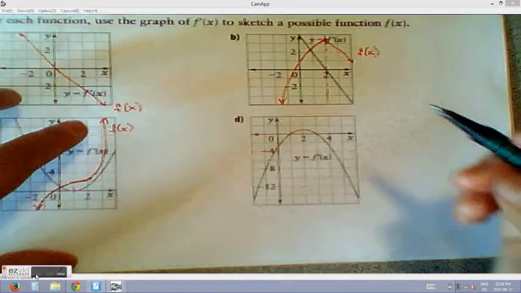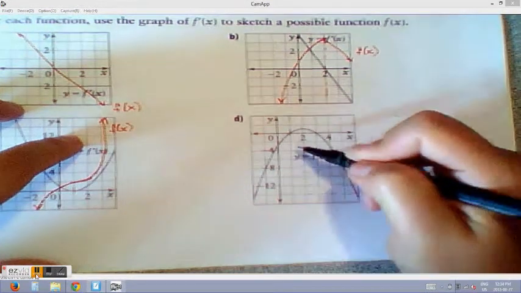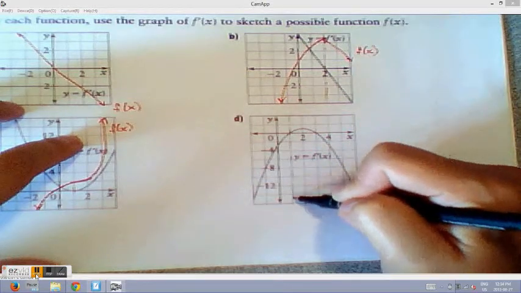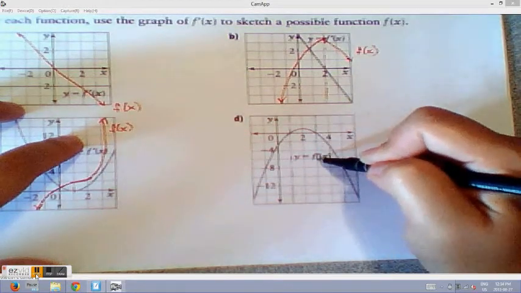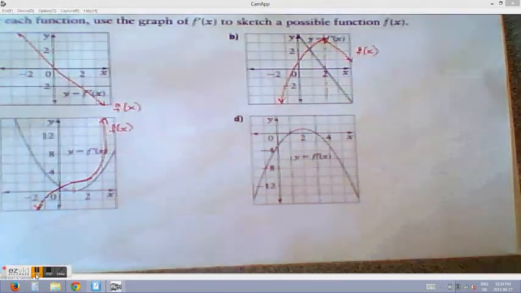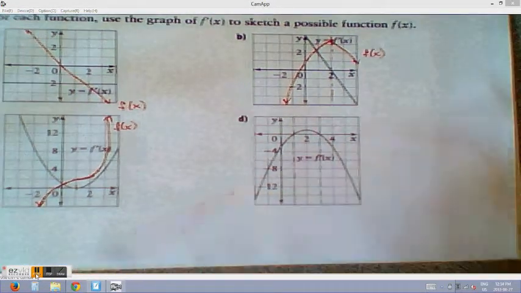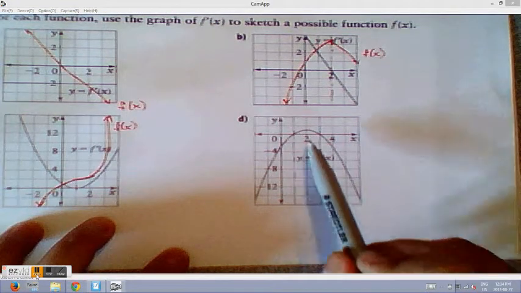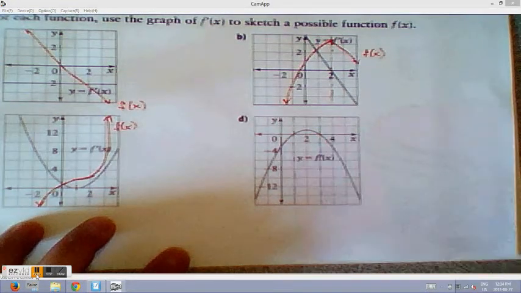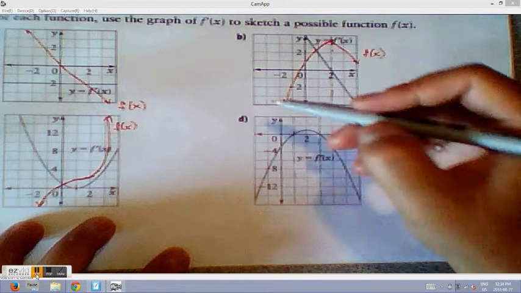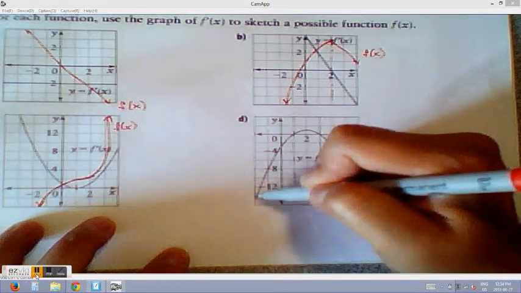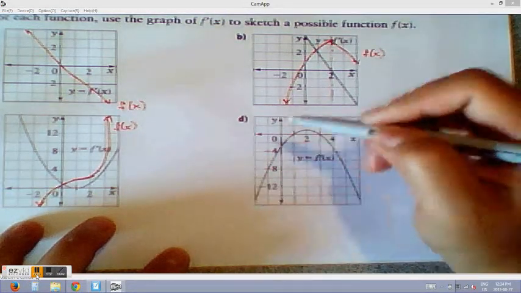In sketching these, I tend to draw dotted lines right through the points where the derivative is 0, and that way that helps me to be able to sketch my graph. Remember, when the derivative is 0, we're going to have a flattening out point. Okay, so the derivative is negative, so it's going to be decreasing.